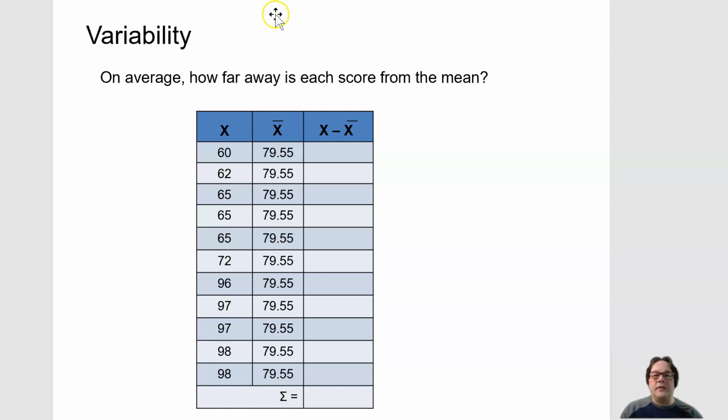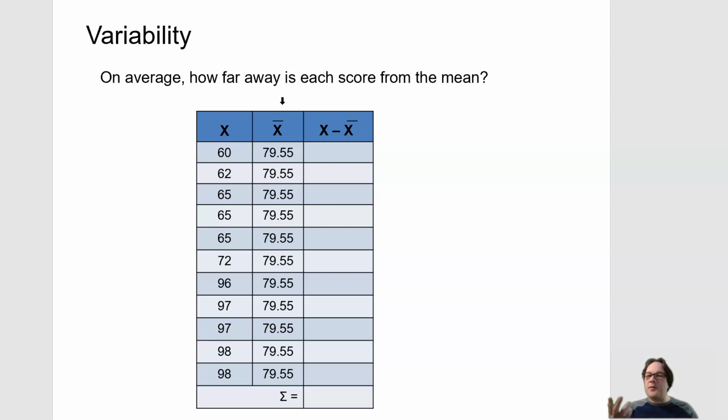So in the first column here, we have all of our scores in this distribution that we just saw. And I calculated the mean, which is 79.55, and I just went ahead and put that into the second column, just for illustrative purposes. Now, if we think about variability as, on average, how far is each score from the mean?